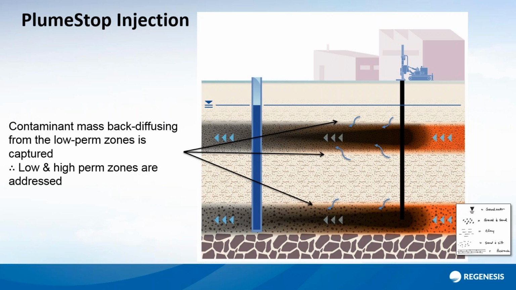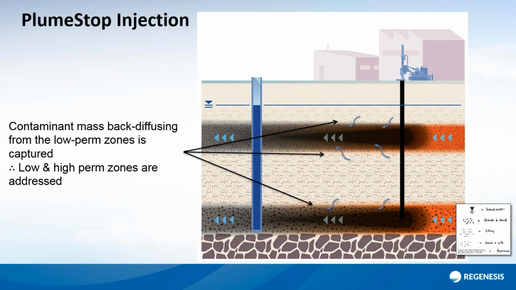And what that means is quite often when we have a site, there's heterogeneity, and so you have high perm zones and low perm zones. And so contamination may be found in both of those areas. Now we inject a reagent and we can transmit that reagent through the high perm zones, reduce concentrations, but eventually you have this transfer from the low perm to the high perm, and that provides that rebound.